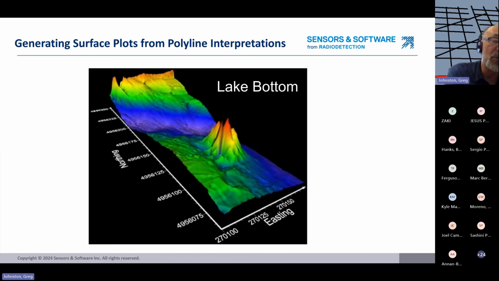And so in this example, this is actually the GPR reflection from the bottom of a lake. And so they took all the GPR data, they added a polyline interpretation to all the reflections from the bottom of the lake, and then plotted it in third-party software. And so now we can see in this lake, now I think there's a lot of vertical exaggeration here, but we can see the plot. So very powerful ways of displaying your data.